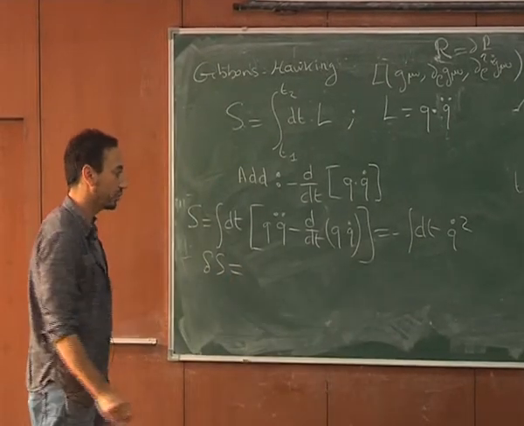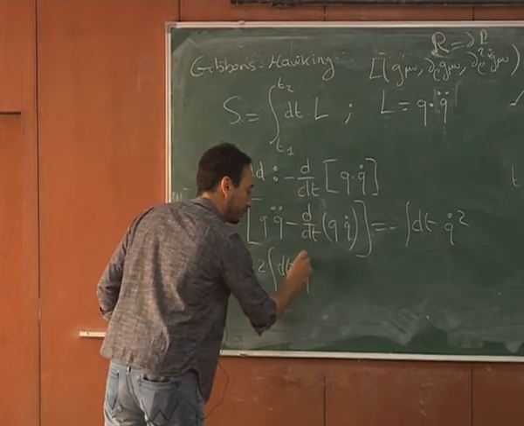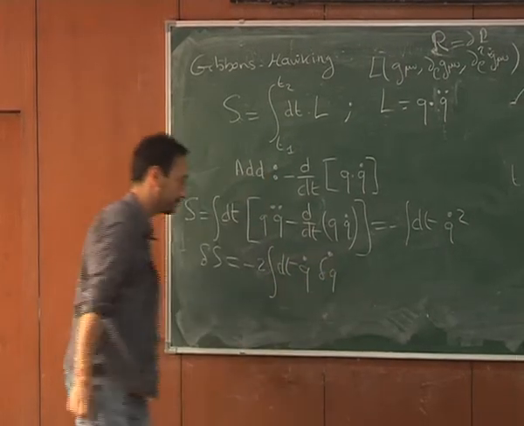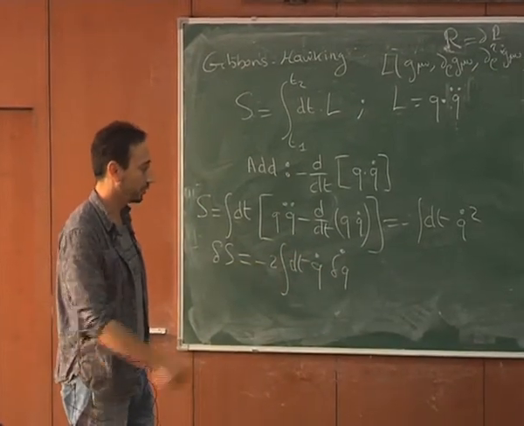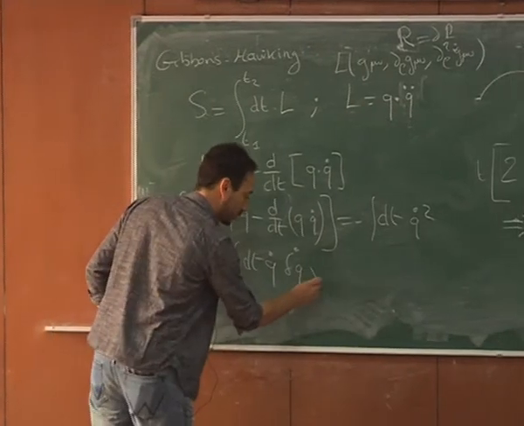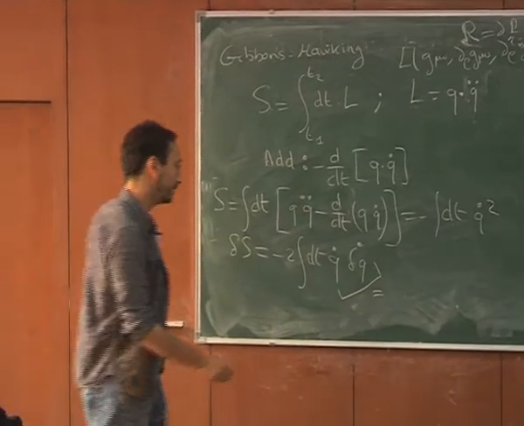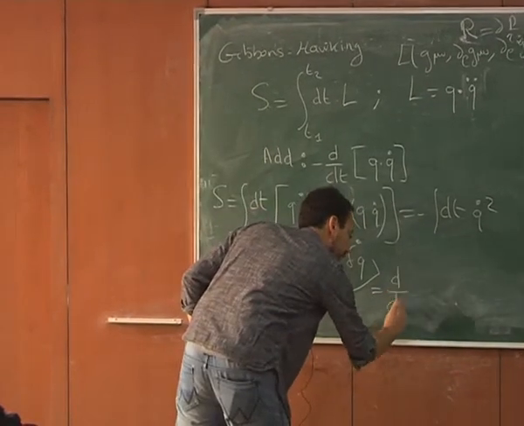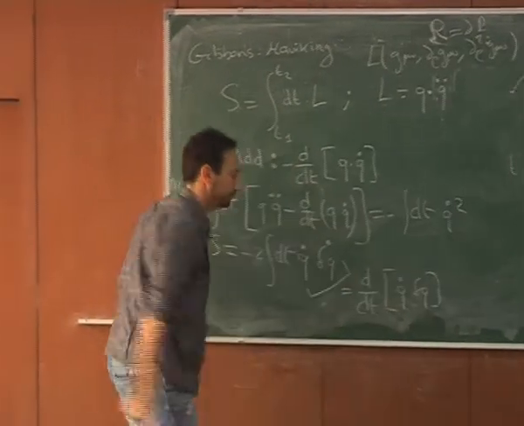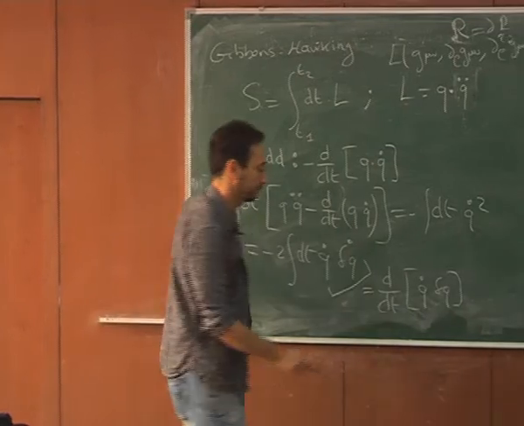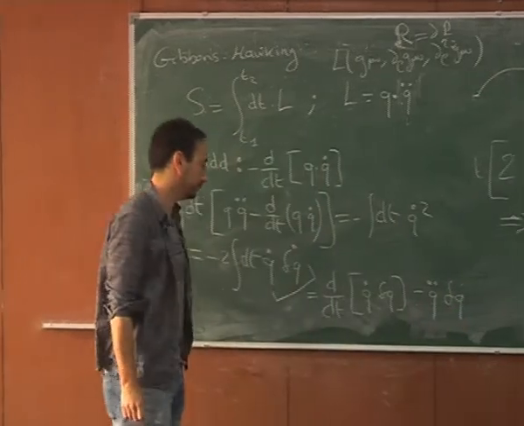So if I do the variation of that, I will get a minus 2 integral dt q dot delta q dot. Okay, I have to do an integration by part, but of course taking into account that there is a total derivative. So what is this? This is equal to d/dt of q dot delta q minus q double dot delta q.